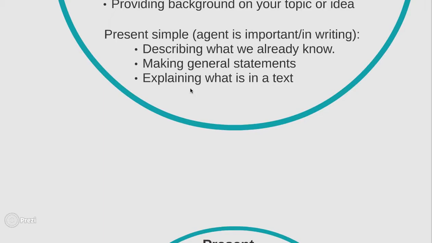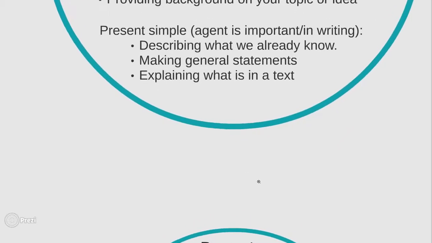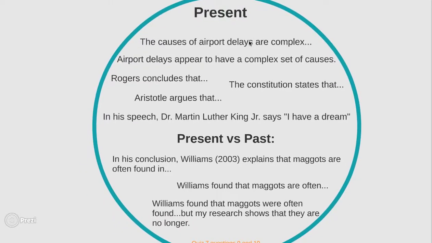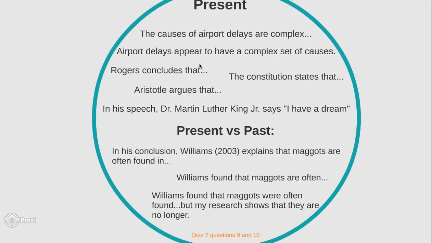Making general statements or explaining what is in a text. So the causes of airport delays are complex. This is something we know. Airport delays appear to have a complex set of causes. Again, something we know. Rogers concludes that this is something written in a text.